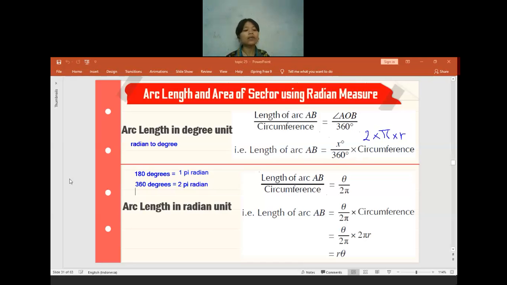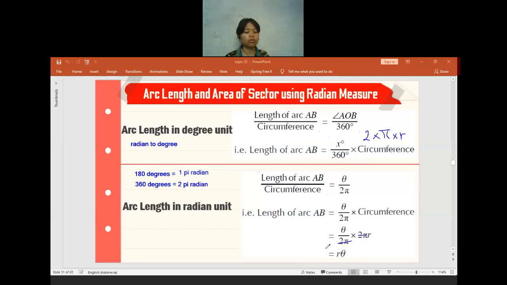Here, we can cancel out the 2 pi and 2 pi. So the leftover is only r times theta. So when we have the angle given in radians and we have the radius, to find the arc length, you can directly multiply the radius with the angle in radians. Is there anyone who is confused, or maybe I talk too fast?